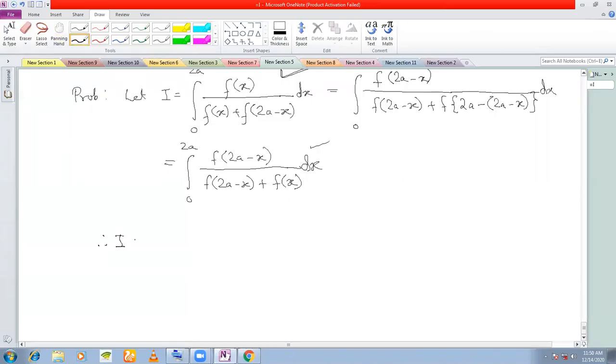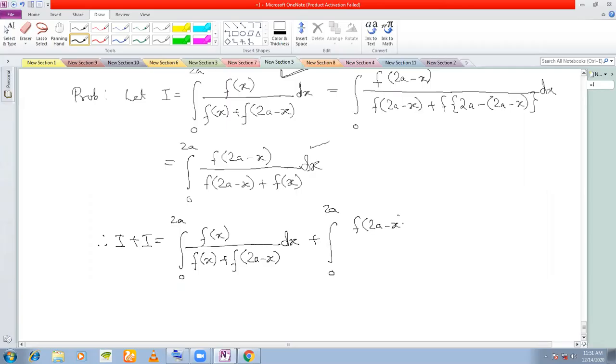Therefore I plus I is integral 0 to 2a f(x) by f(x) plus f(2a minus x) dx plus integral 0 to 2a f(2a minus x) by f(x) plus f(2a minus x) dx.